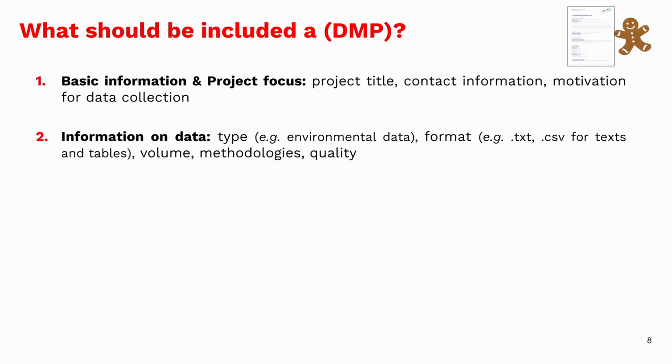And how, when, and where will your data be acquired and how you are processing them. So this is all part of the methodology, including, for example, which software you are using as well. And very important, how you're going to ensure quality in terms of accuracy, relevance, completeness, and consistency. So quality in general, not only collecting the data, but making sure the data is in its best condition.